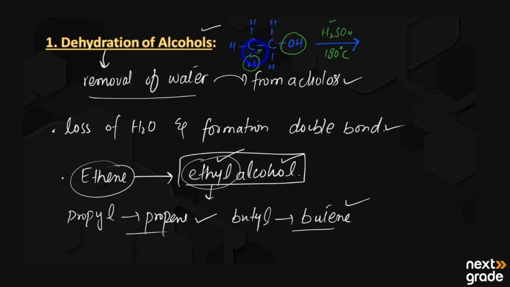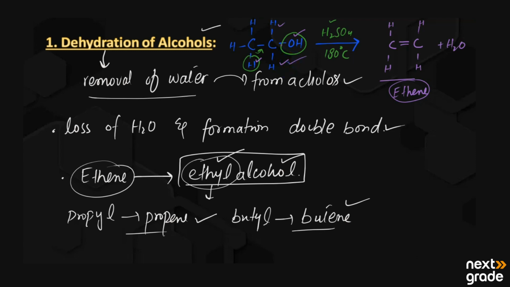Next, there will be a formation of the double bond. At the end, we gain two carbon atoms, each having two hydrogen atoms, and with the removal of H and OH we gain water, H2O, and there is a formation of the double bond. So this is the simple ethene that we gain from the ethyl alcohol.